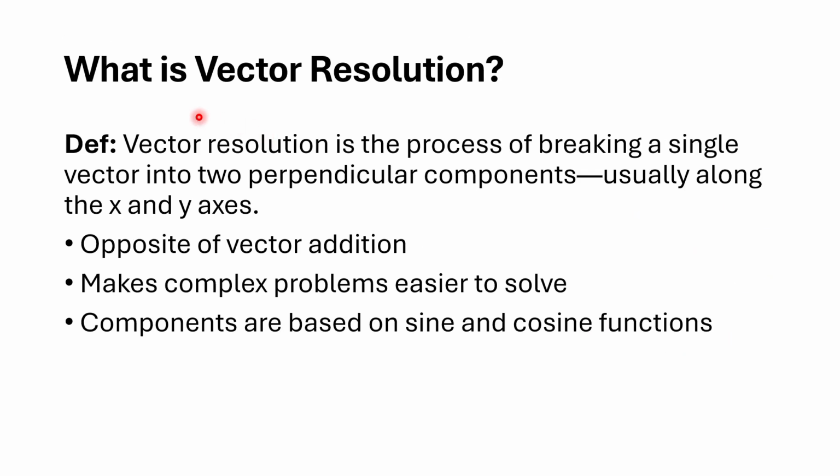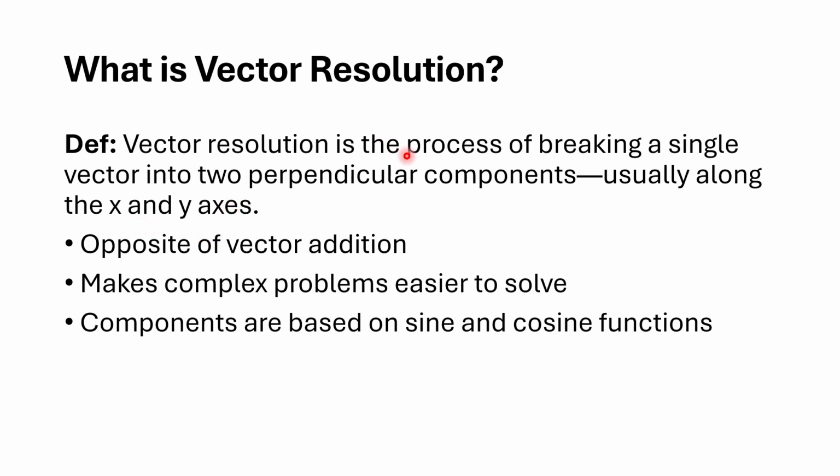Now the second part of this lecture is vector resolution. As vectors are added, vectors are resolved as well. Vector resolution is the process of breaking a single vector into two perpendicular components along the x and y axis.